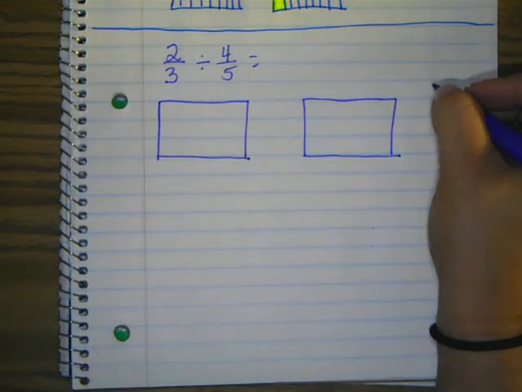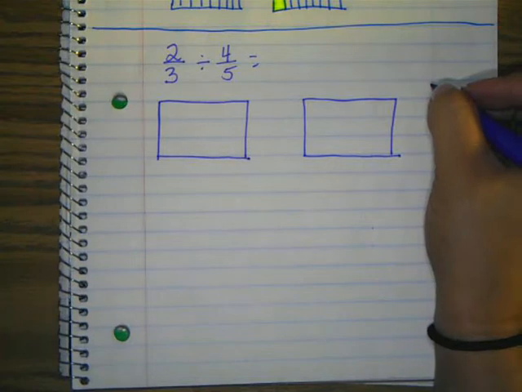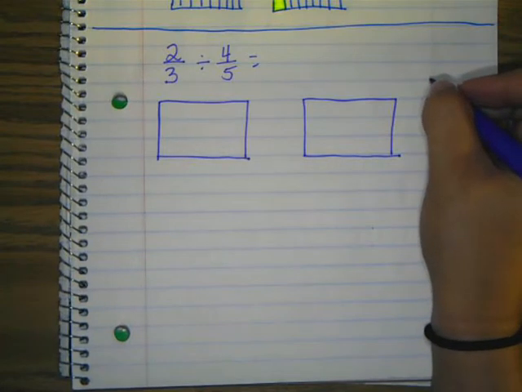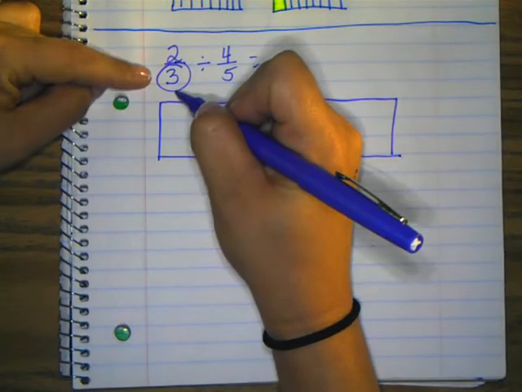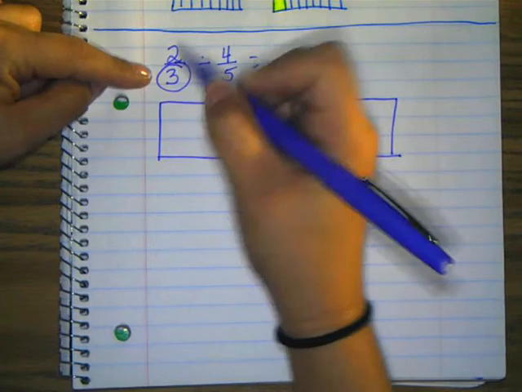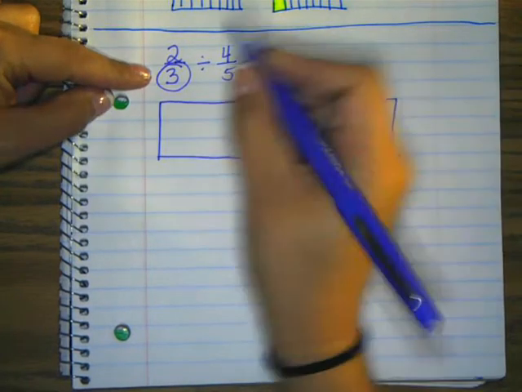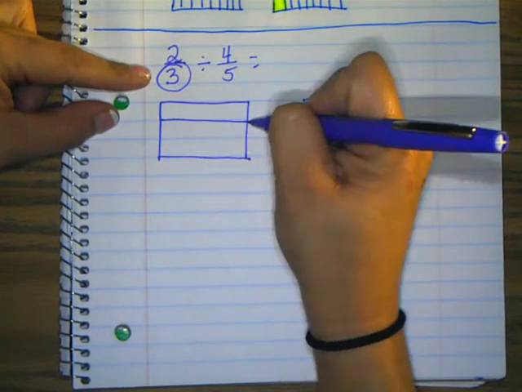So 2/3 divided by 4/5. Same thing, you draw 2 rectangles. Okay? This rectangle and then this one.